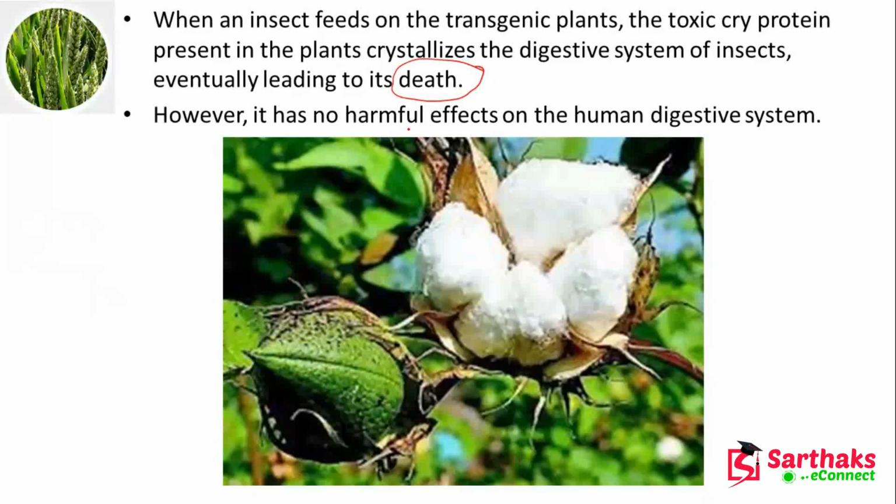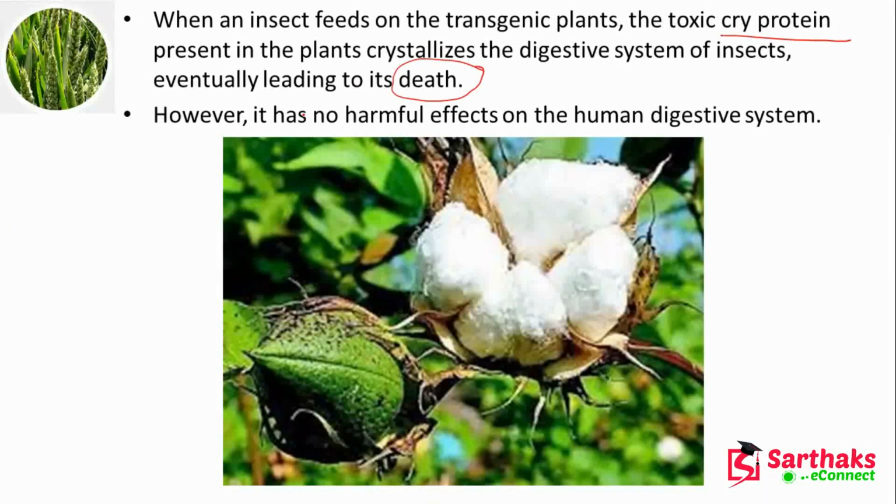Okay. So what happens here? When an insect tries to feed on the transgenic plant, as I have told you, some toxic protein will be secreted. So the toxic cry protein present in the plant will crystallize the digestive system of the insect. So the insect will die.